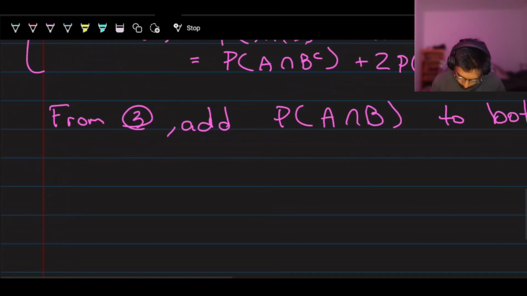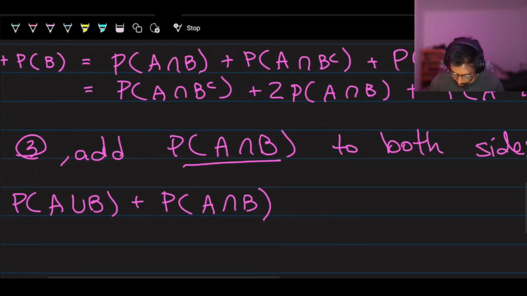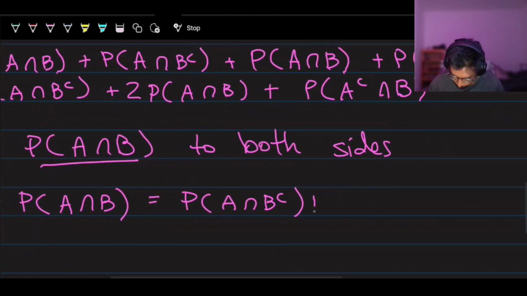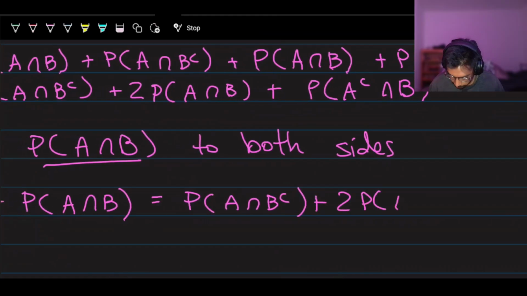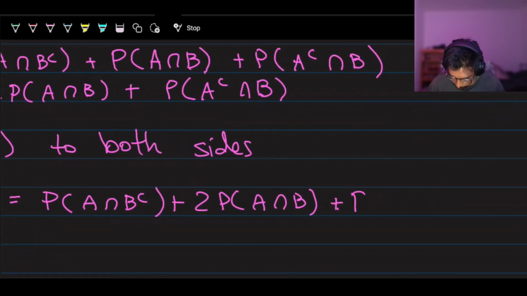So therefore, we have that the probability of A union B plus the probability of A intersect B is the same as the probability of A intersect B complement plus 2 times the probability of A intersect B plus the probability of A complement intersect B.